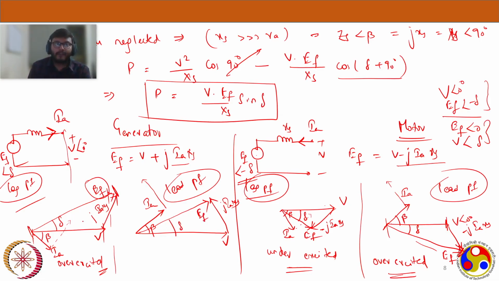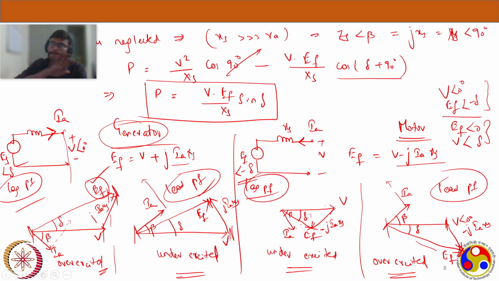Now again, from both lagging and leading for the generator case, we can see that my excitation voltage is on top of my supply mains bus voltage V. And another thing about the leading power factor is that the length of the excitation voltage EF is less when compared to the length of the resultant V. Now what we can say is that it is under excited.